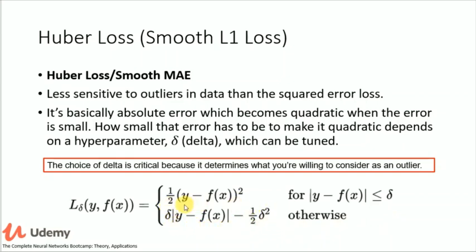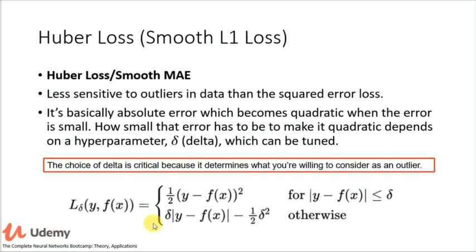For simplicity, let's just consider that delta equals 1. So when we have our error smaller than 1, that means we've approached 0. Therefore, we want to use the MSE. And here there's a half just for the differentiation. Because later on in the backpropagation, when you differentiate this, the 2 comes down and the half is removed, so you'll just end up with y minus f(x).